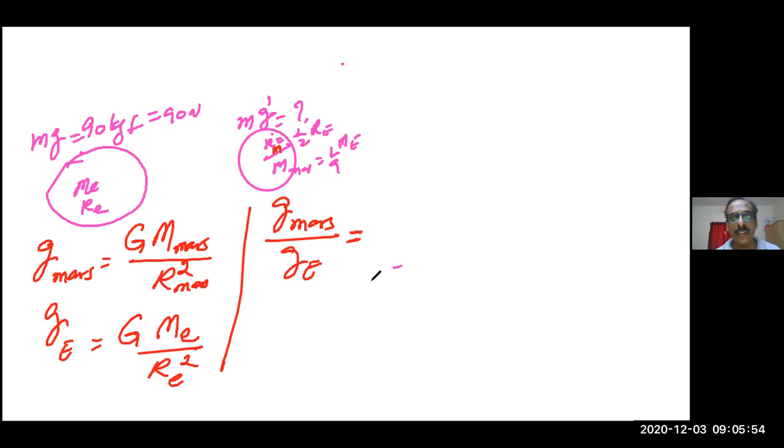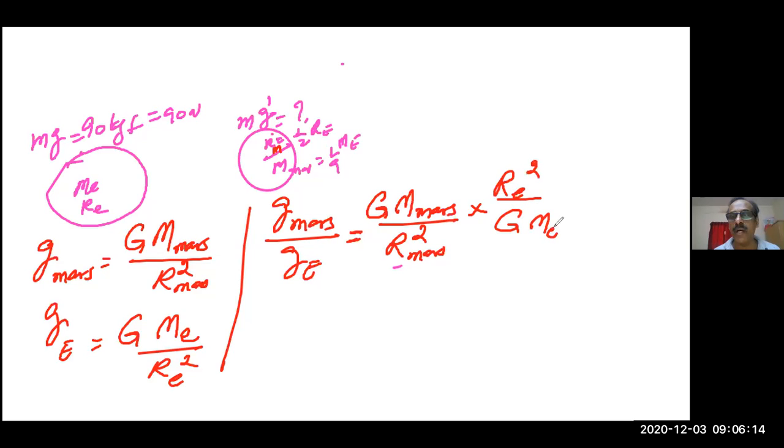Why can't we take G Earth by G Mars? We can take, no problem. Anyway, you can take. It's up to you. Okay. So G M Mars divided by R Mars squared into R Earth squared divided by G into mass of Earth. Any doubt? No, sir.